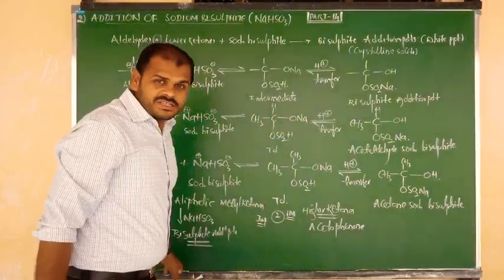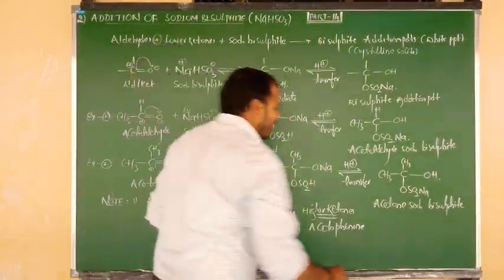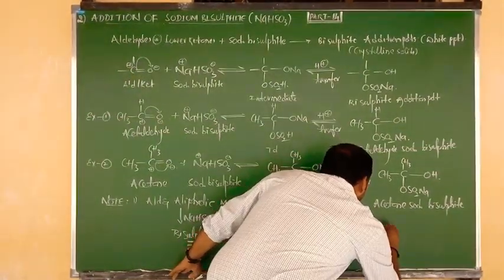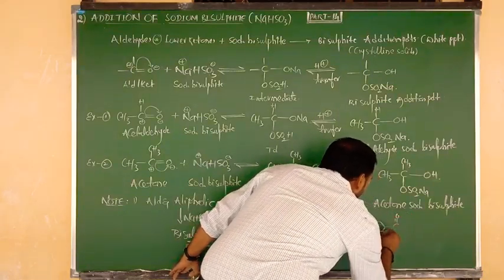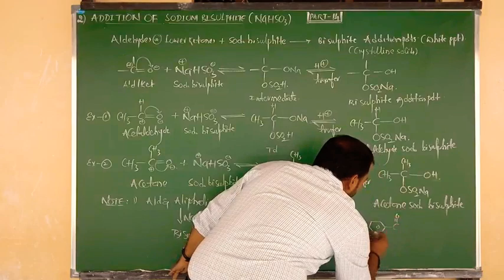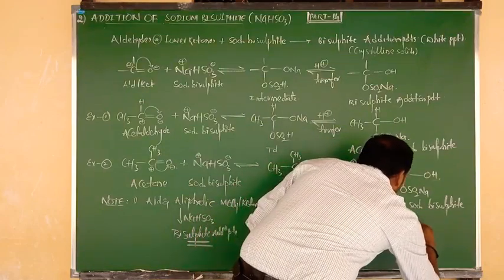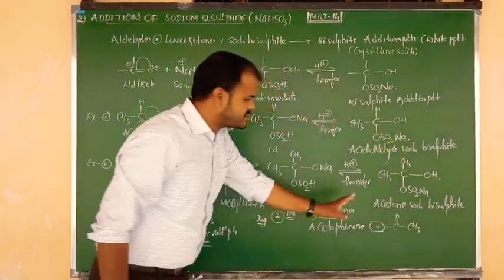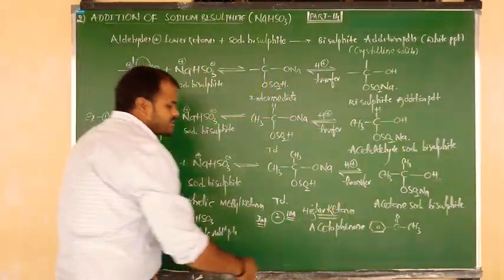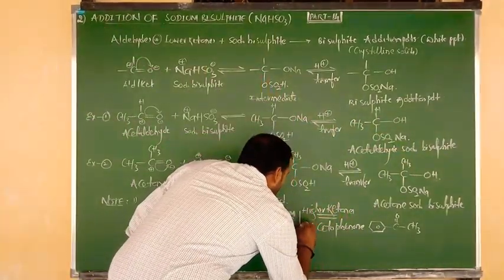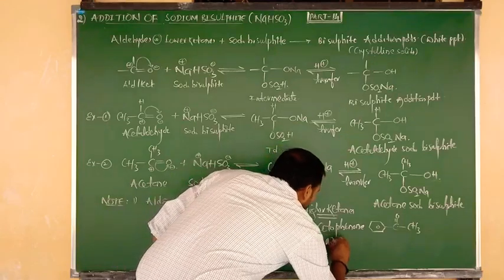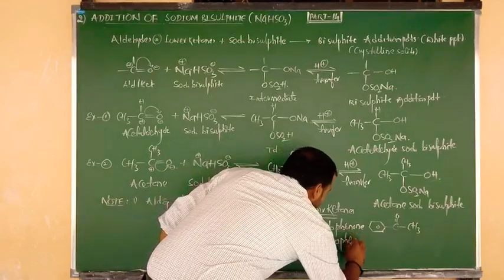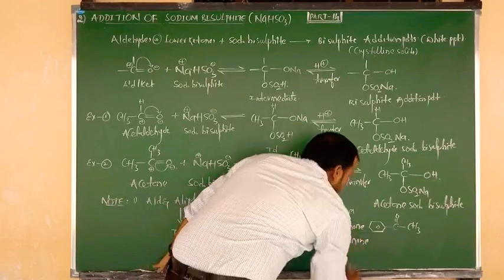Do you know the structure of acetophenone? I hope you know it well. The formula is a benzene ring bonded to C double bond O, and the C double bond O is bonded to CH3. That is acetophenone. Next, one more example of a higher ketone is benzophenone.